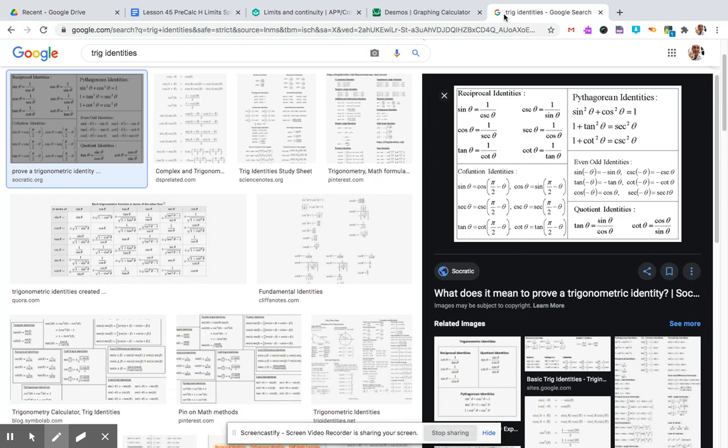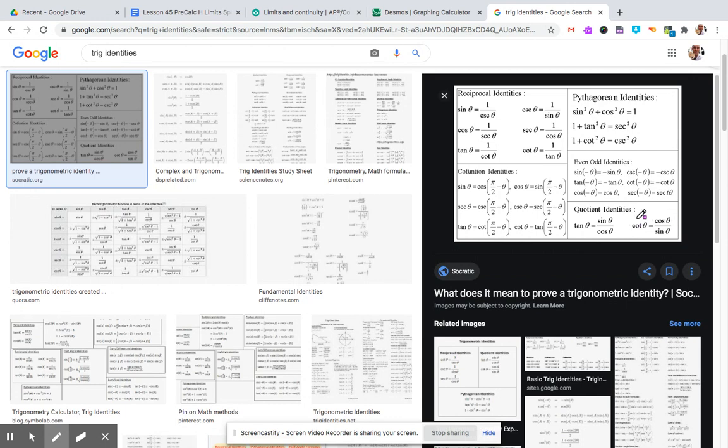So let's go ahead and look. Cotangent. Cosine over sine squared. Maybe that's the one we want.